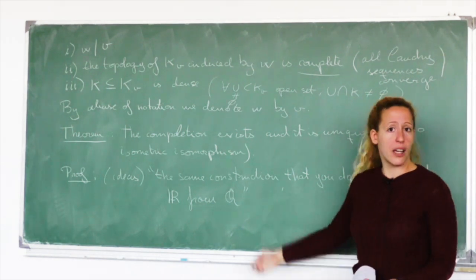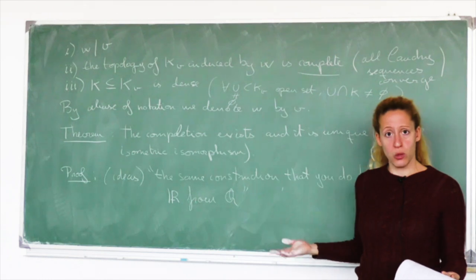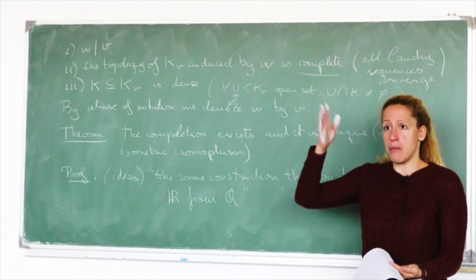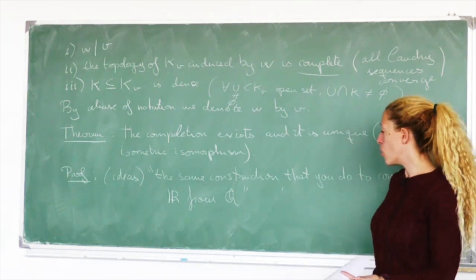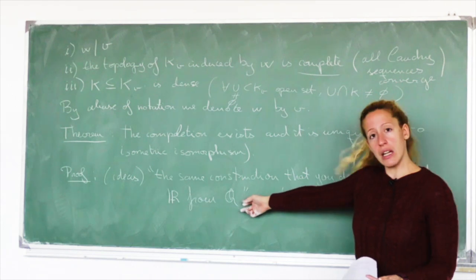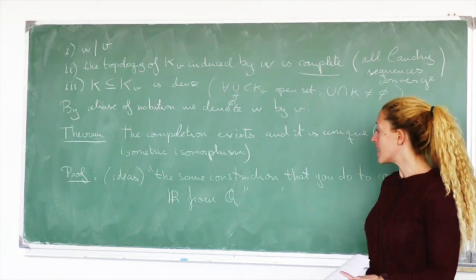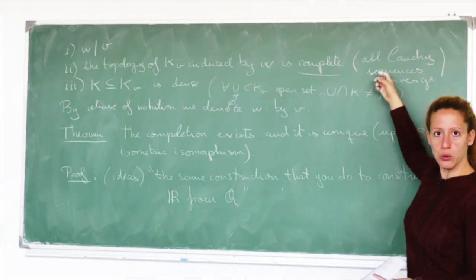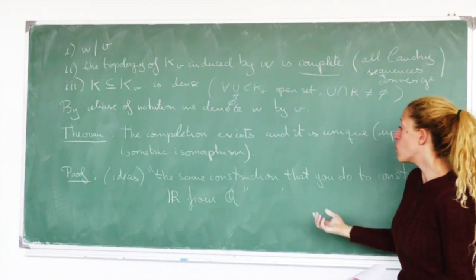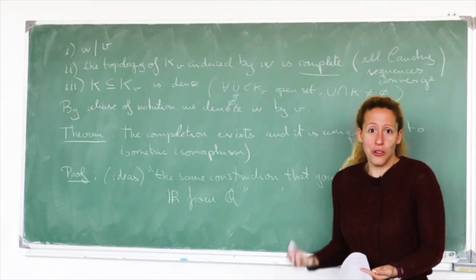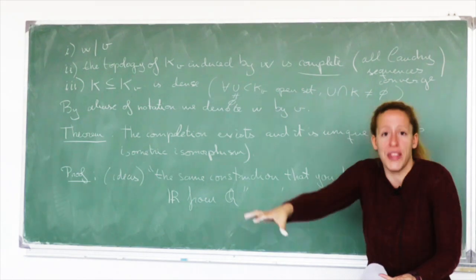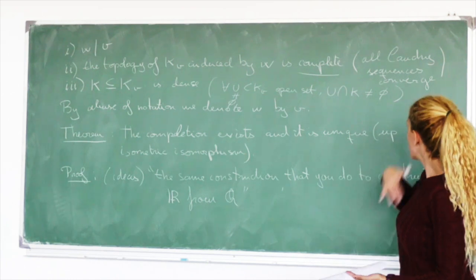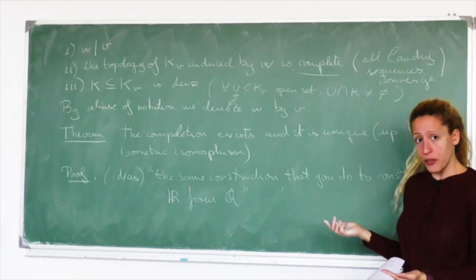You take Q, you take the standard absolute value, the Archimedean absolute value of the rationals, given by the maximum of x and minus x. You use this to define a metric on the rationals, and now you consider the set of all Cauchy sequences up to equivalence. Because if you want all the Cauchy sequences to converge, if one does not converge, you have to add it, to get something that is complete.